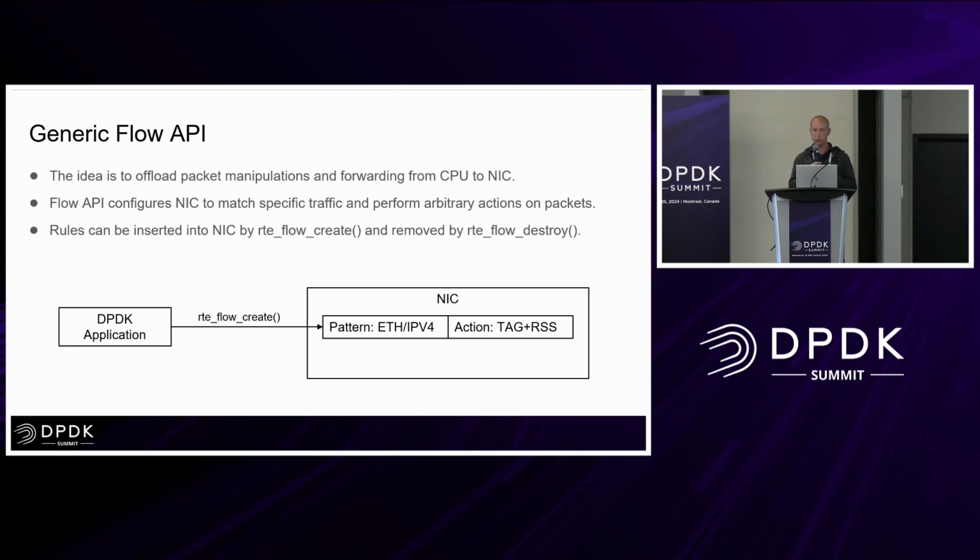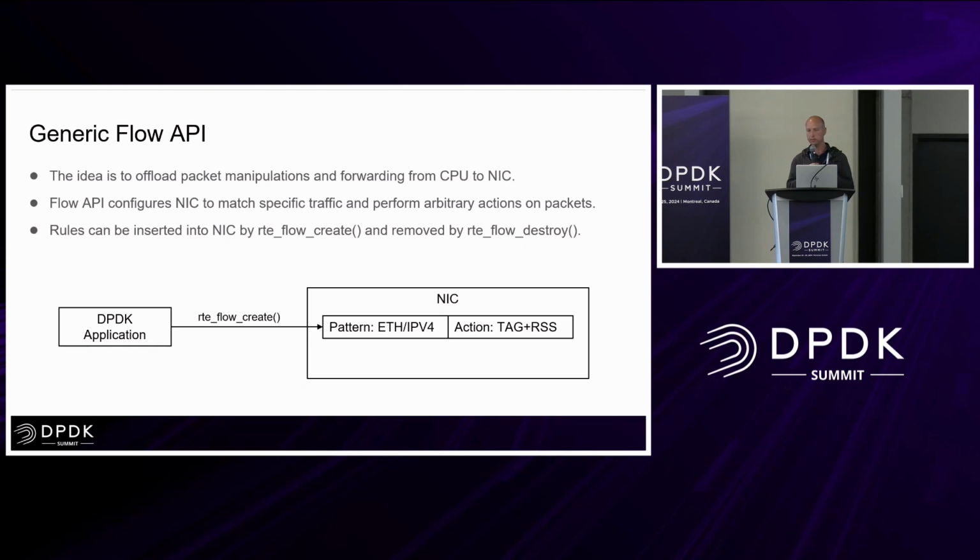But the most crucial and important part is the pattern, which says what packets we are expecting to arrive at this rule. It can be Ethernet, the protocols, the metadata, the port ID, and so on. The second part is actions.